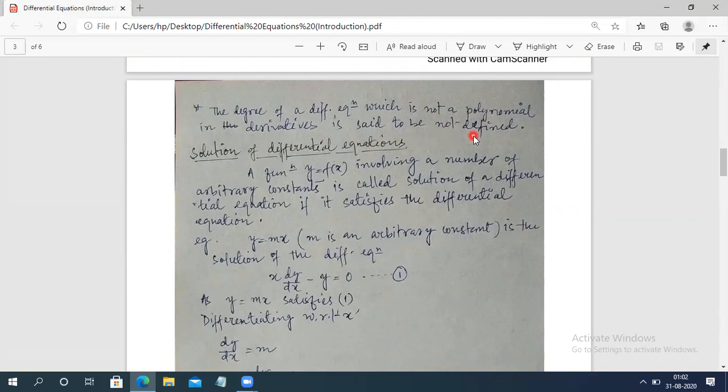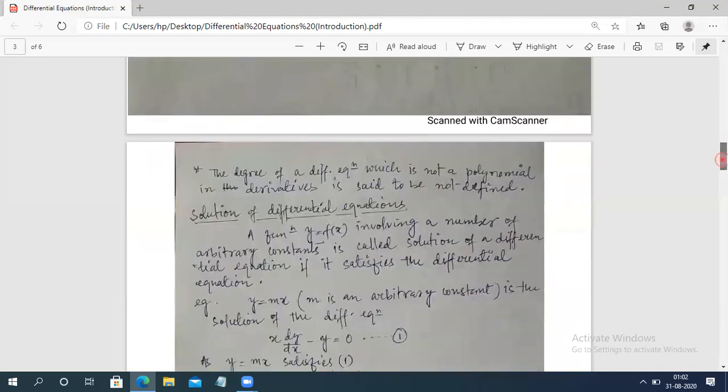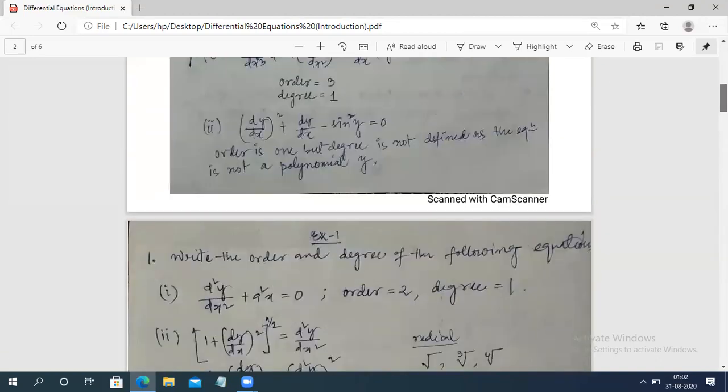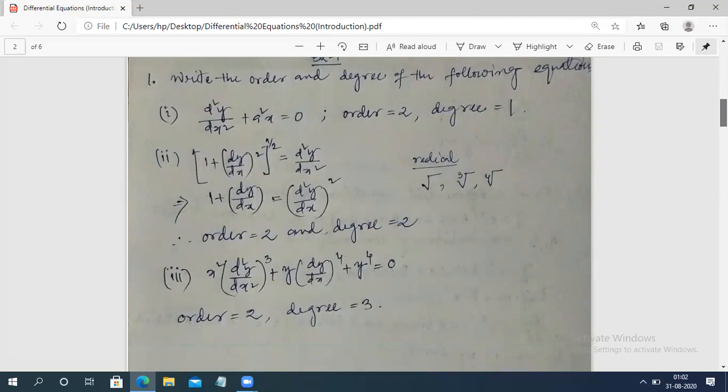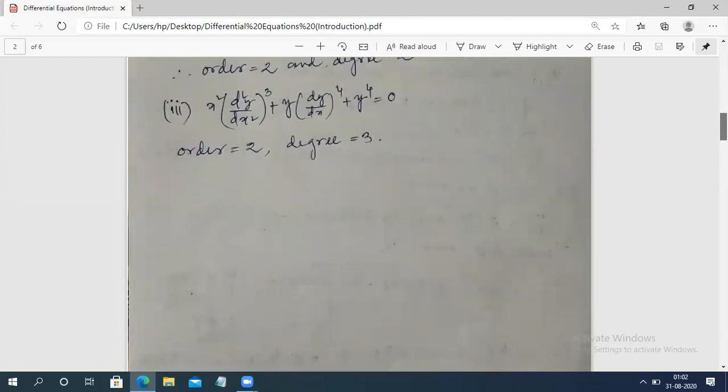That means what I told in the last example: if it is not a polynomial in derivatives, then we cannot determine the degree of these differential equations. To find the degree, the differential equation should be a polynomial in dy by dx.